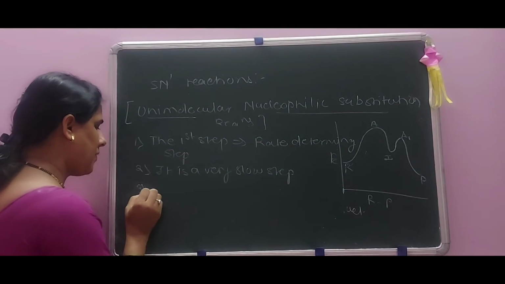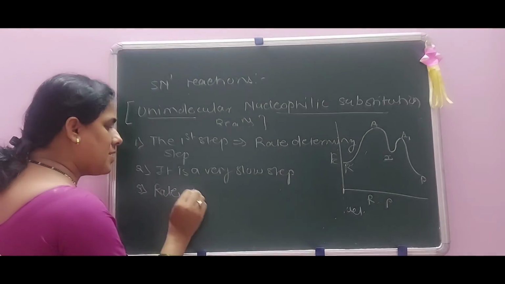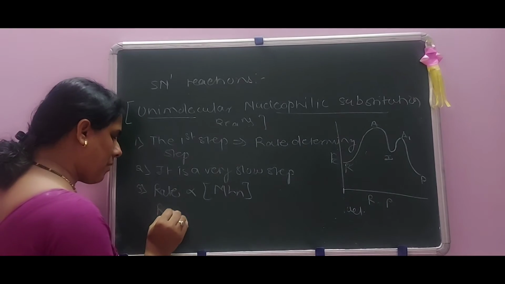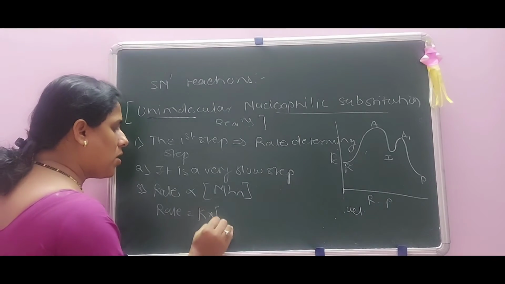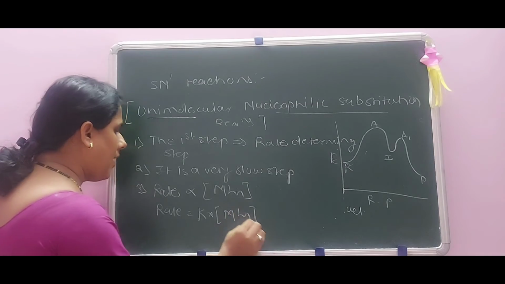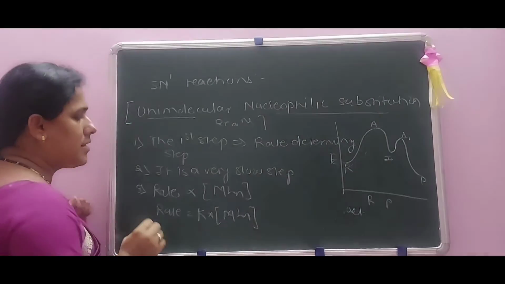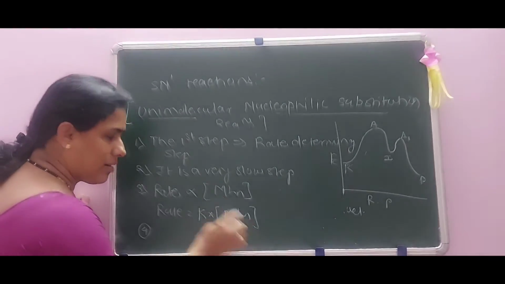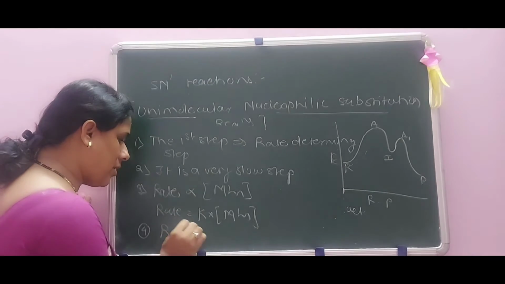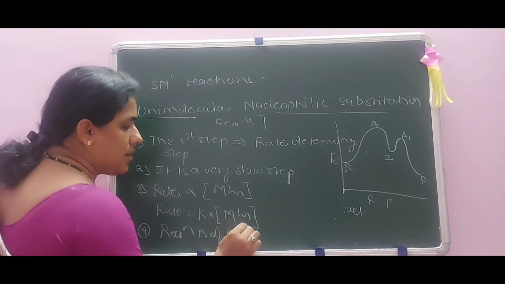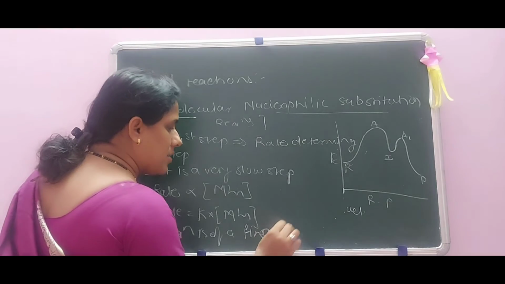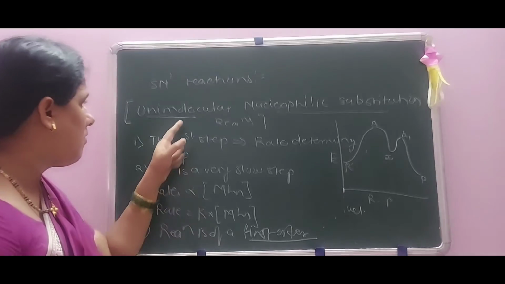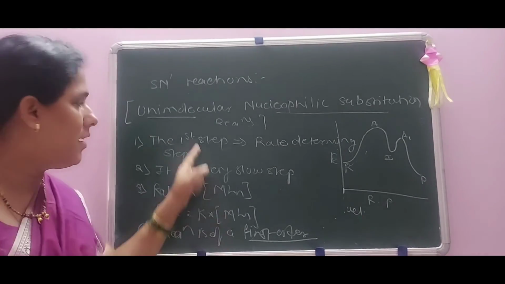Third, the rate of a reaction is directly proportional to the concentration of MLn. Therefore, rate is equal to k into concentration of MLn. And the last point is, as the rate is dependent on the concentration of only one component, the reaction is of first order.